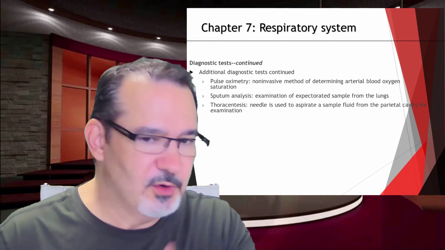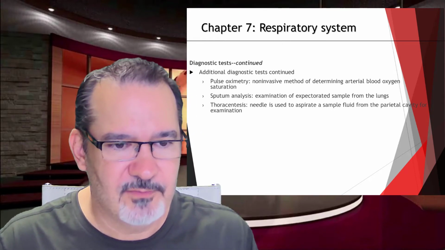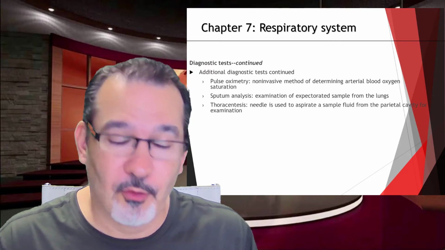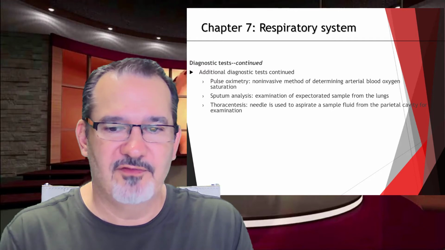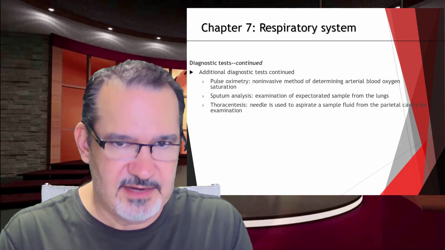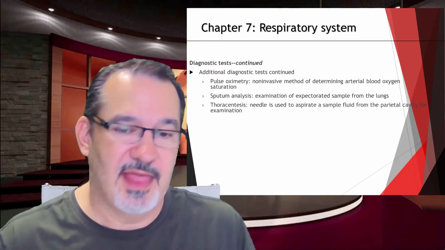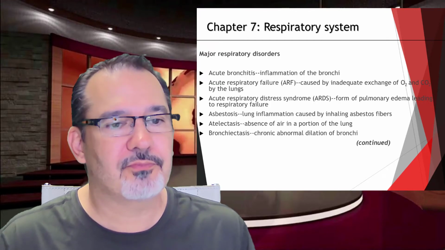Okay, sputum analysis, already talked about that one. Okay, looking for bacteria. Thoracentesis is where we put a needle in to aspirate fluid from the parietal cavity, and then we'll examine that at the laboratory as well.